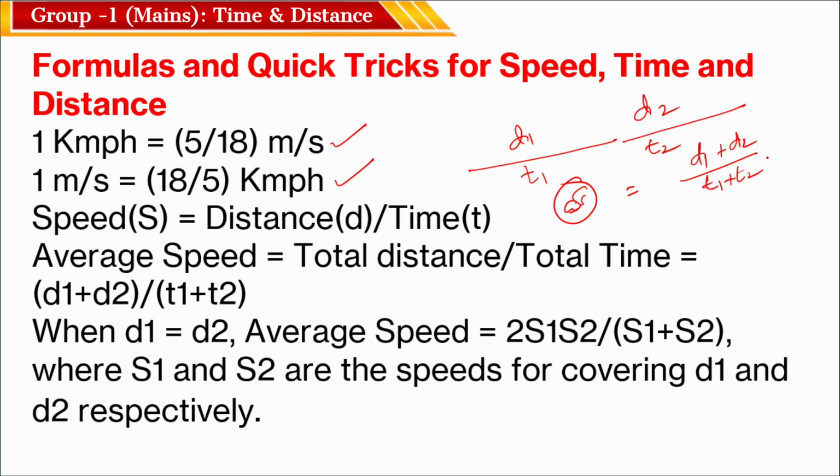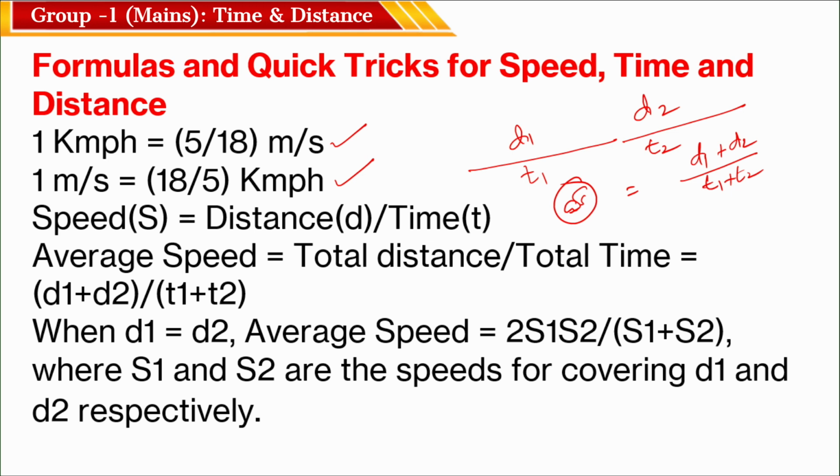Okay. If an object travels d1 distance in t1 seconds and d2 distance in t2 seconds, then the average speed of that object or vehicle is d1 plus d2 by t1 plus t2. How did you get it? Simply total distance by total time.